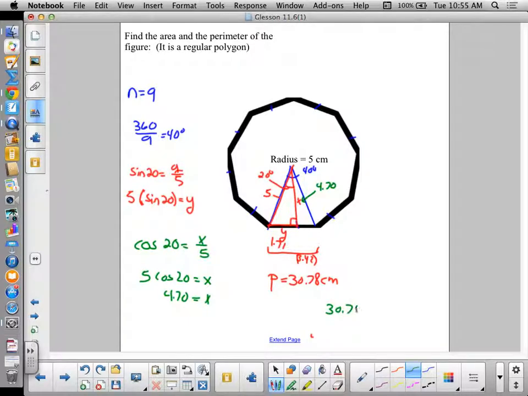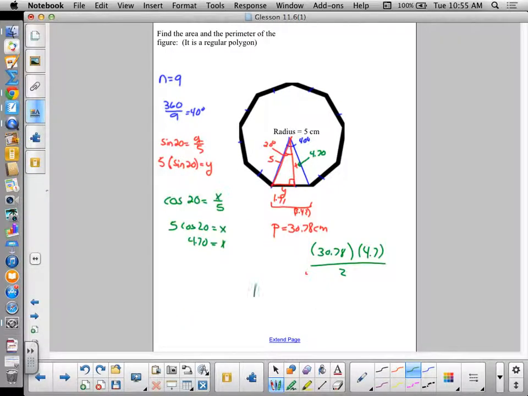So 30.78 times the apothem of 4.7 divided by 2, which is 72.33 centimeters squared.